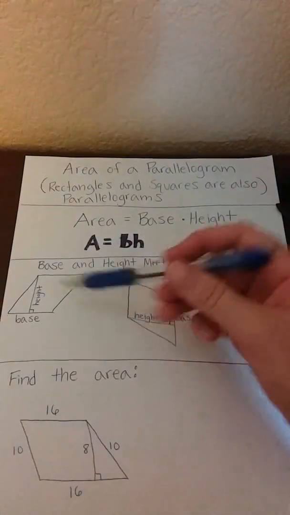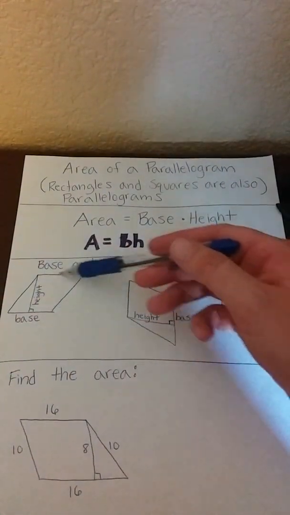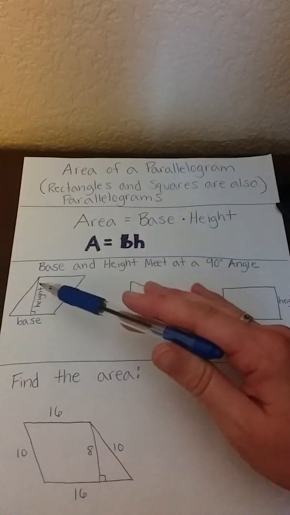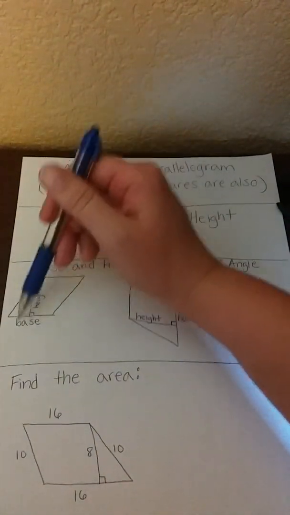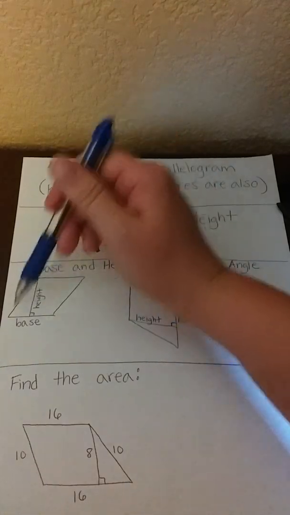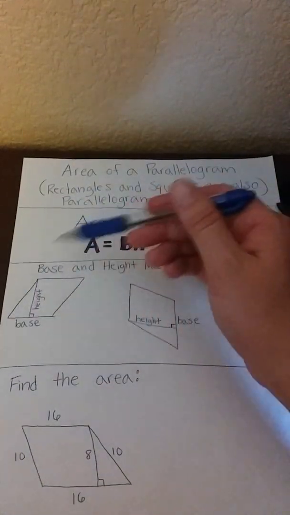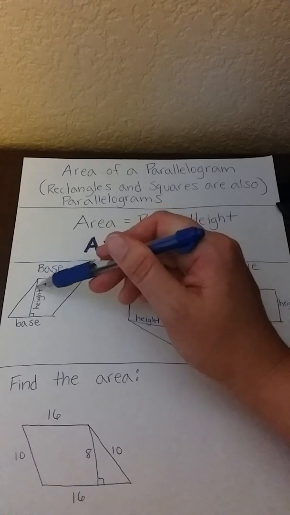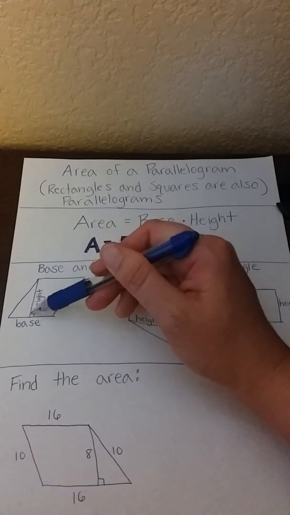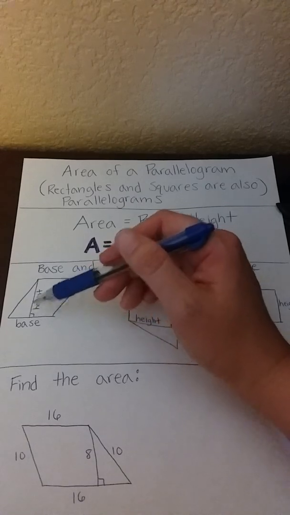In something like this, a classic parallelogram, kind of this slanted rectangle shape, the base is one of the two straight sides, not the slanted sides. And the height is a line going from the top corner down to the bottom base and meeting at a 90-degree angle.